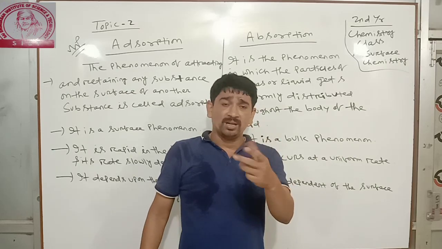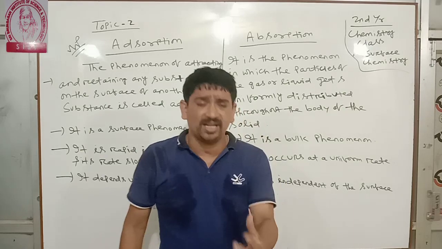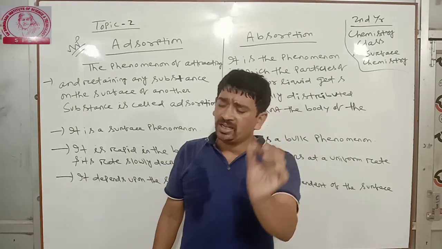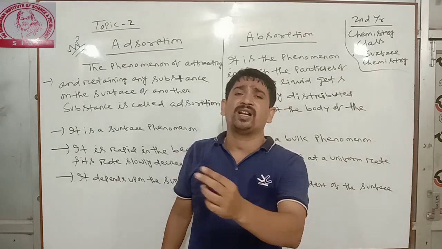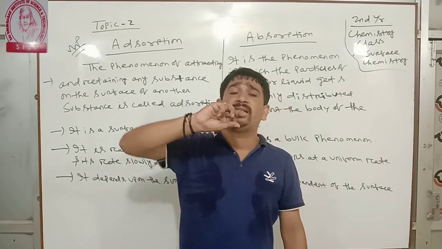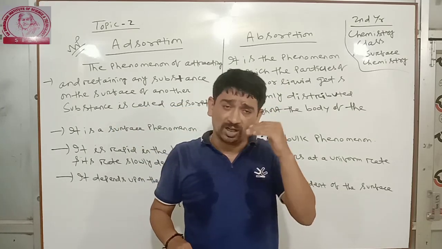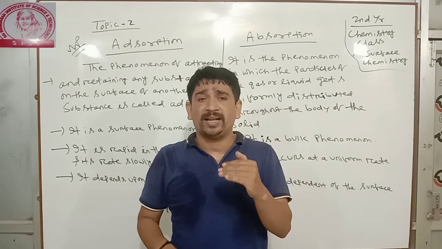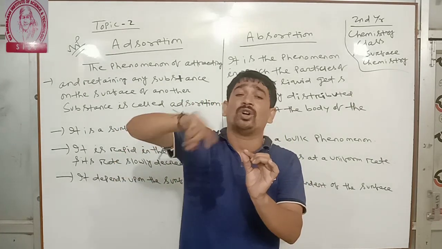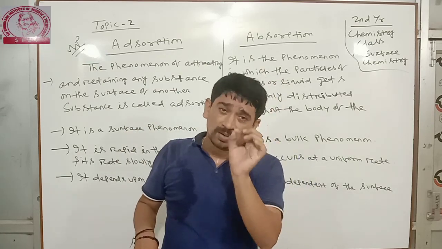The blue or black color of the ink, that is the dyes of the ink, gets adsorbed on the surface of the chalk, whereas the colorless particles, the solvent molecules, get absorbed throughout the bulk of the chalk, that is, from inside.